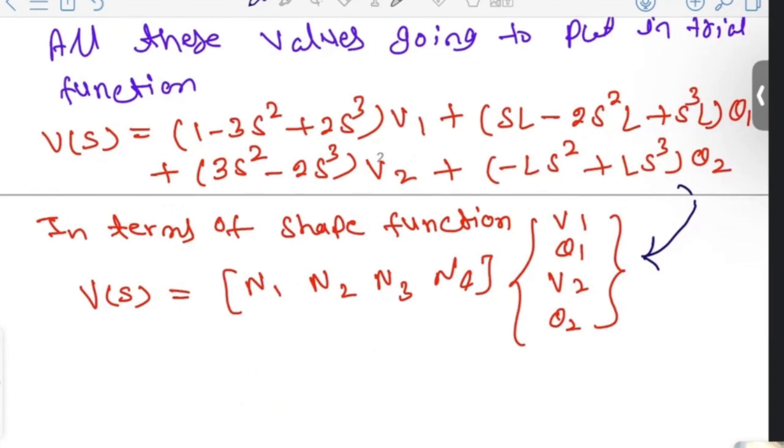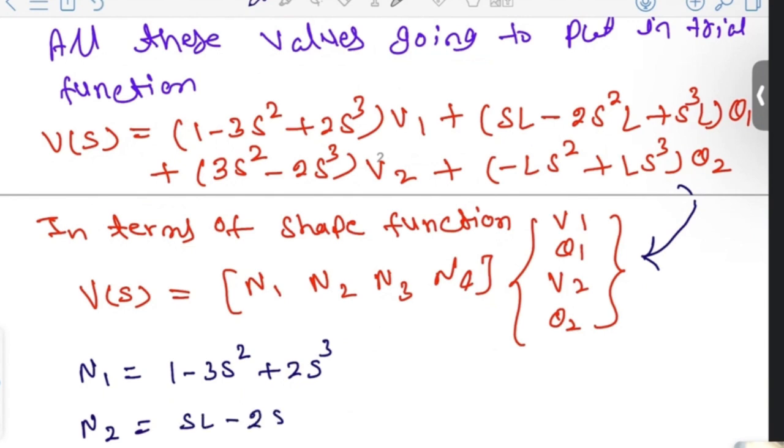N1 will be 1 minus 3s square plus 2s cube. N2 will be sL minus 2s square L plus s cube L.